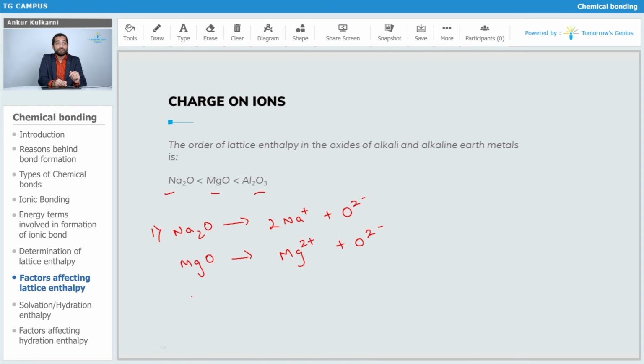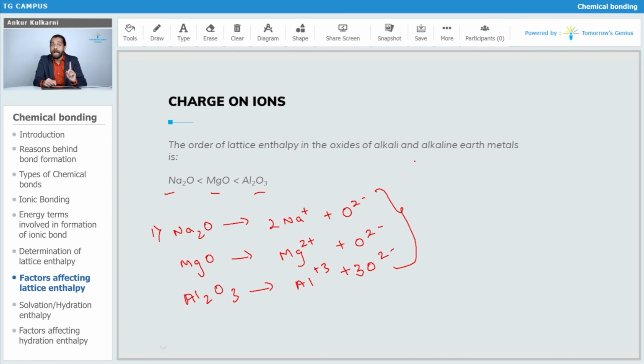Now similarly you have Al2O3. It dissociates as Al3+ and O2-. Now again students, if you look at your screen, all have the same anion with the same charge, that is O2-, correct?